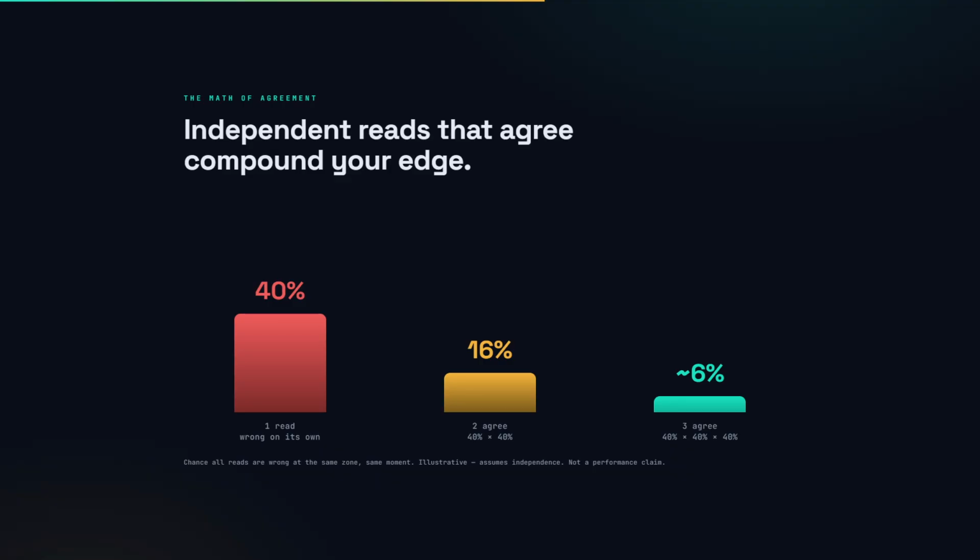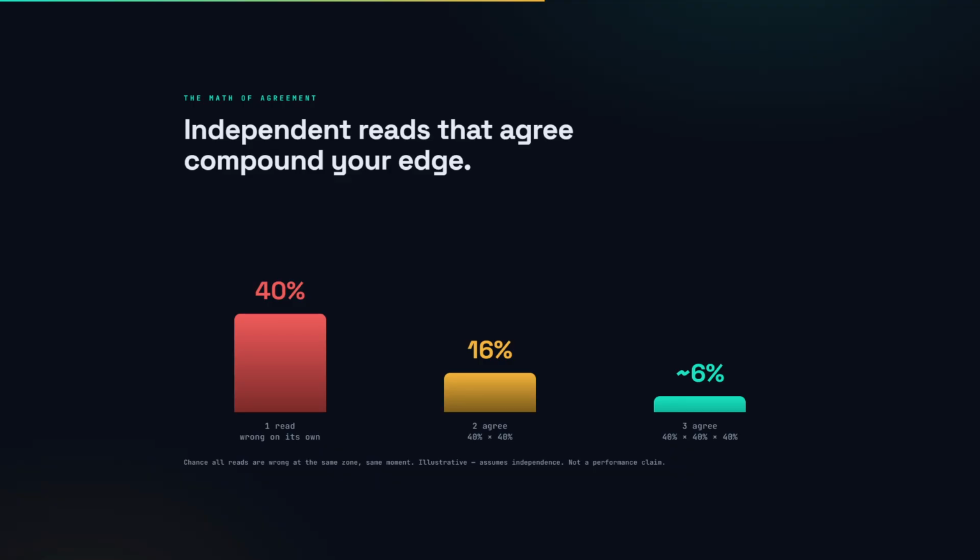For both to be wrong at the same price, at the same moment, you multiply. 40% times 40% is 16%. Add a third independent read, 40% cubed, and the odds of all 3 being wrong together drop to about 6%. Nothing changed about the individual tools. They're still 40% wrong. But because they're independent, their agreement is worth far more than any of them alone. That's the entire idea behind Confluence.